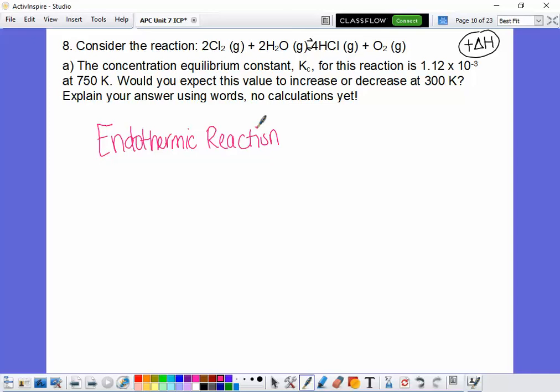So what side of the reaction are you going to put heat on? The left. All right, so what am I doing with the temperature? I know the temperature, I know the K at a high temperature, and then I'm looking at the K at a lower temperature. So yes, temperature is decreasing.